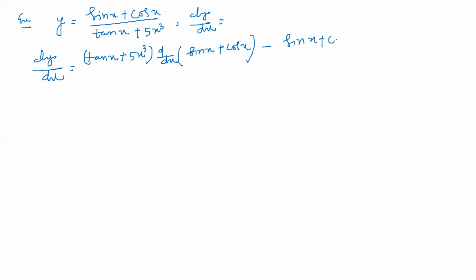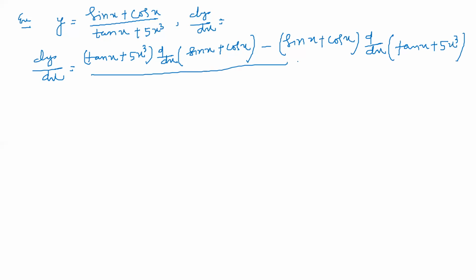Then I will go for the derivative d by dx of tan x plus 5x cube, whole divided by v square, that is tan x plus 5x cube square. Okay, so let's now solve.